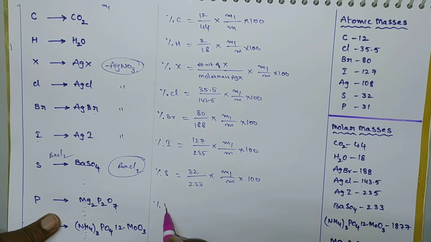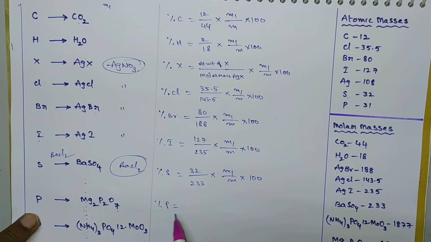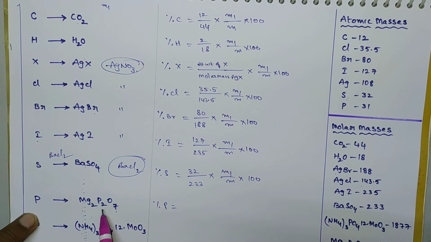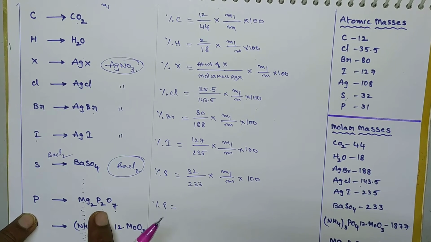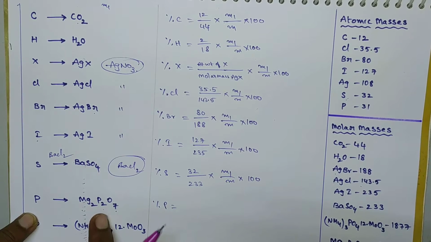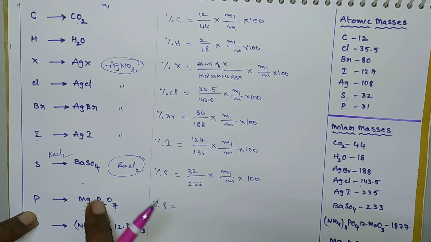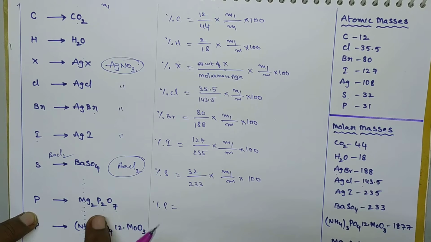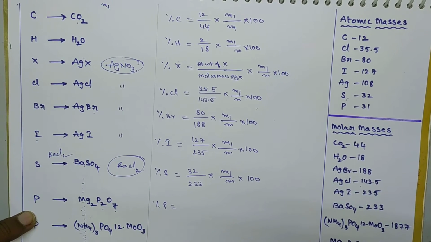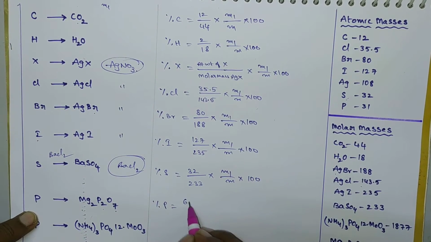And again, percentage of phosphorus. Here phosphorus is converted into a compound that has two phosphorus atoms, so we have to consider two phosphorus. That means the atomic mass will become 2 into 31, that is 62. Okay, clear?